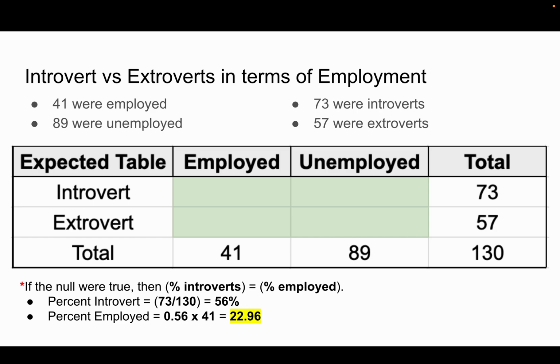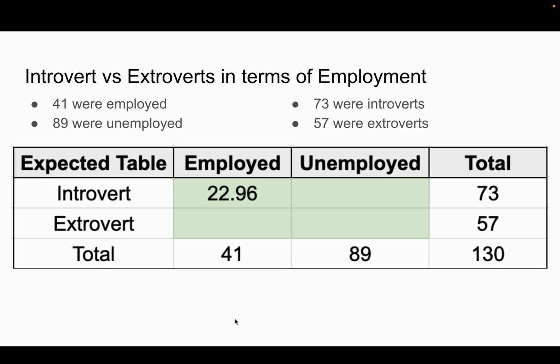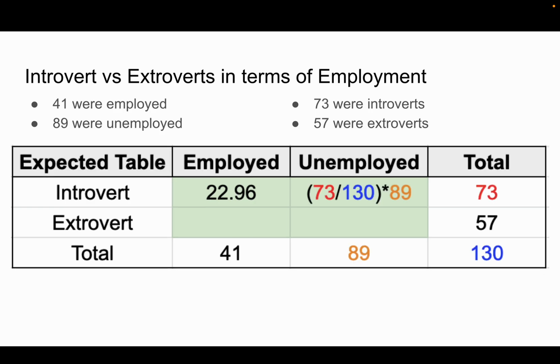And so the way that we calculate that is we just take 56% times the number of employed people we get, and that will give us our expected number of employed people. So I did 0.56, which is the same as 56%, times 41, and that gives me 22.96. And I'm going to write 22.96 right in this cell right here. Another way I can think about this is to find the number that goes in here.